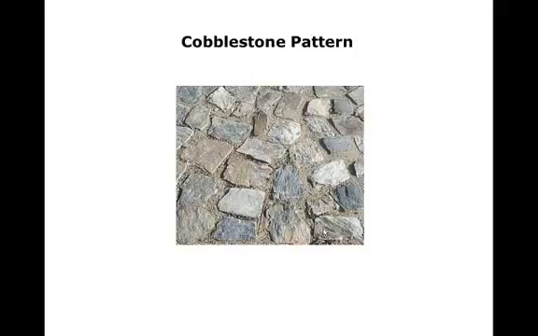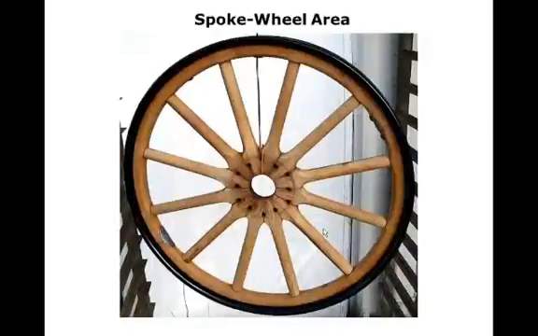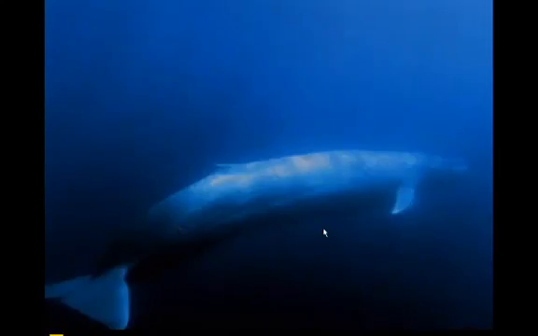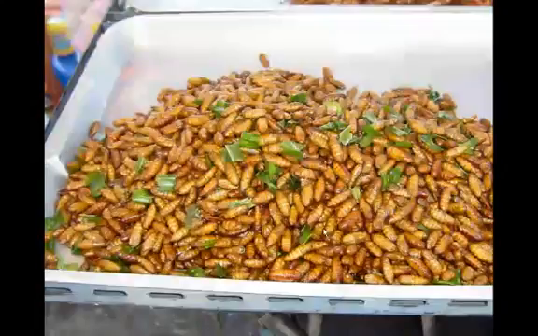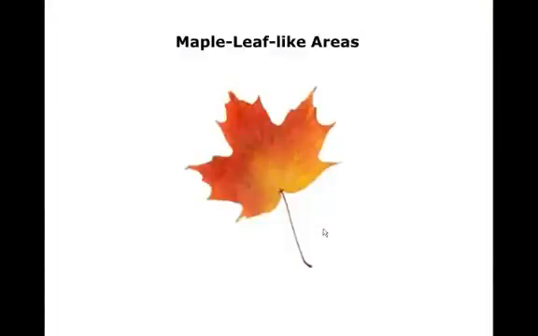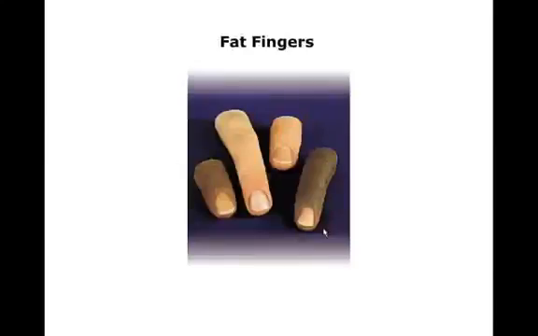Does it really look like cobblestones? Spoke wheel areas. Whitish veil. Blue whitish veil. Chrysalis. Maple leaf-like areas, we had that, but also fat fingers. And to be honest, does a pigmented skin lesion really look like this one?